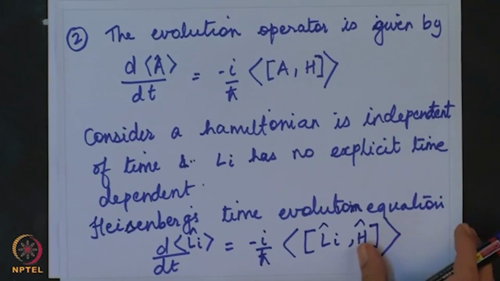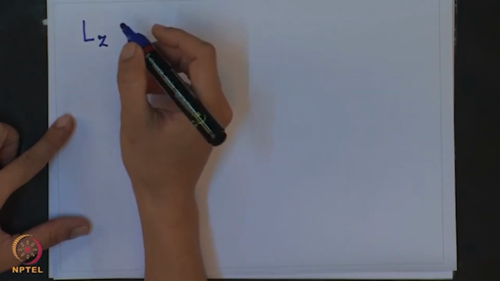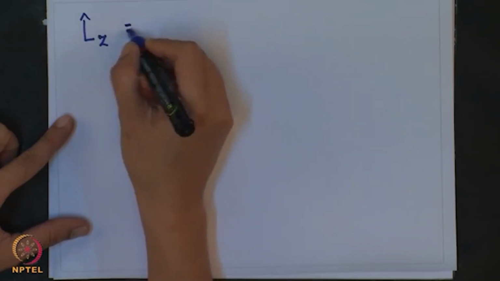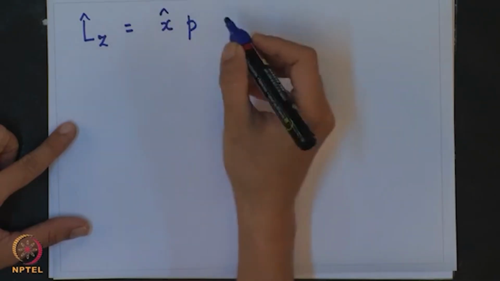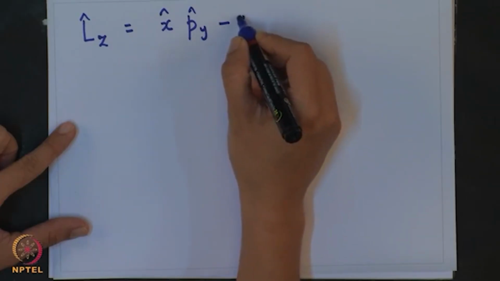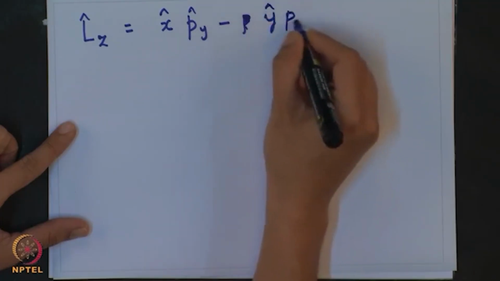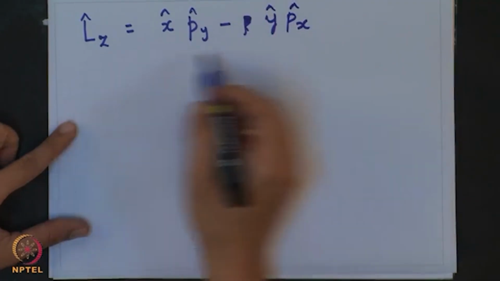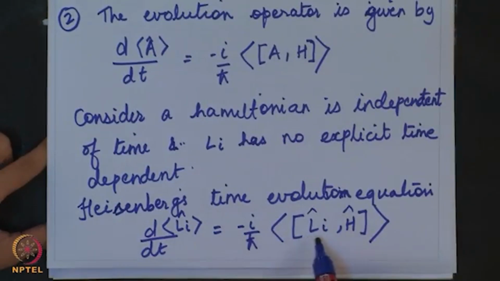In order to proceed, let us consider L_i to be the z component. For L_z we know the definition, we can write it as x p_y minus y p_x. We know this definition. So, in short you have to find the commutator of x p_y with the Hamiltonian and y p_x with the Hamiltonian.